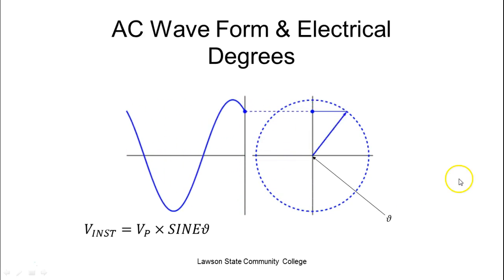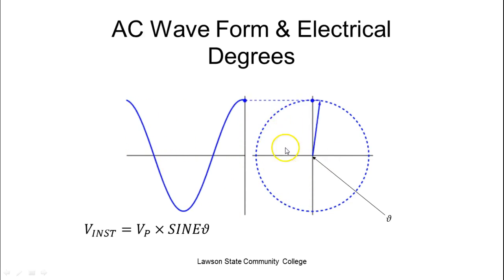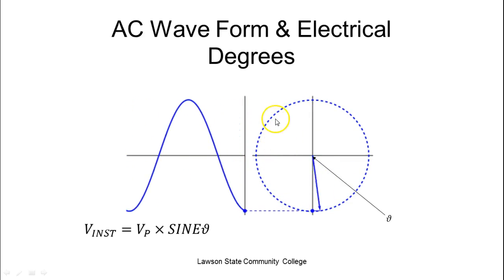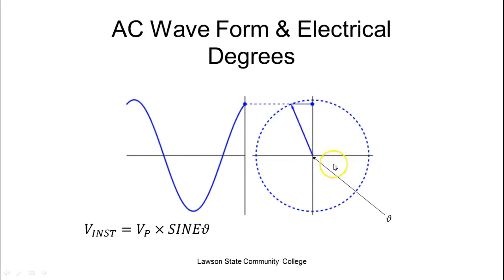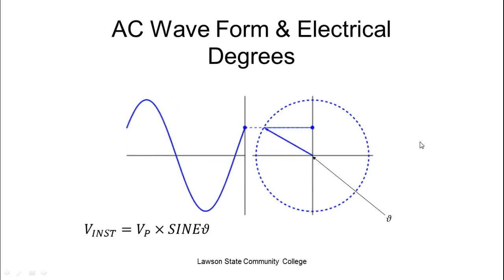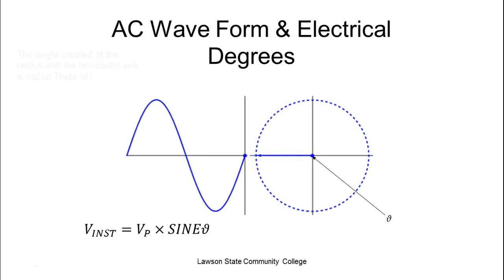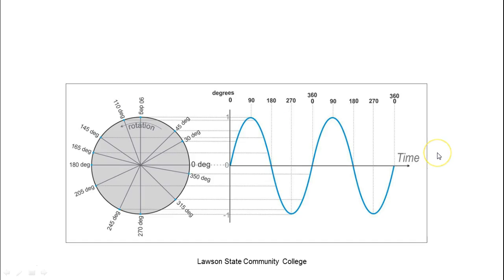Also, we talked about the sine, why it got the name, because any amplitude relative to 0 volts would create a triangle, and we use the sine to solve for what we call the instantaneous voltage of the AC sine wave. So that's why it became known as a sine wave.